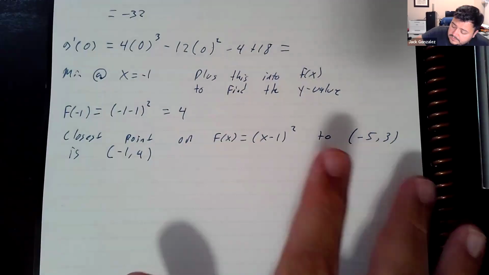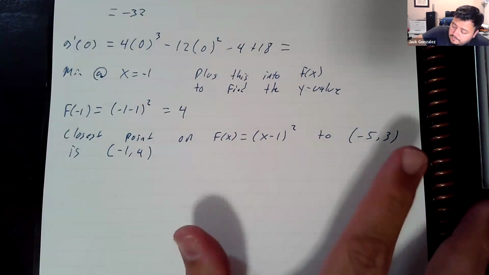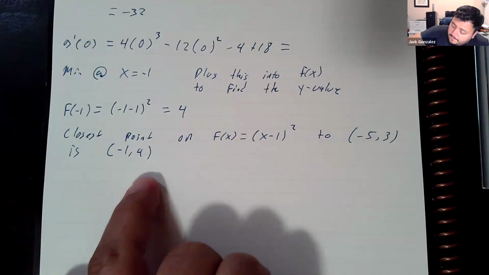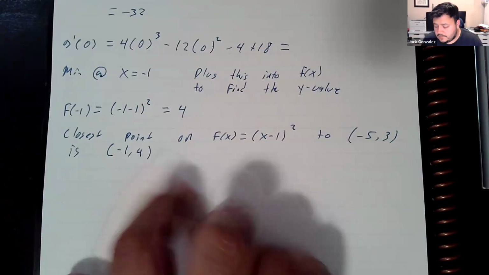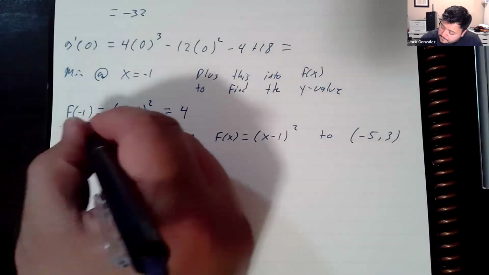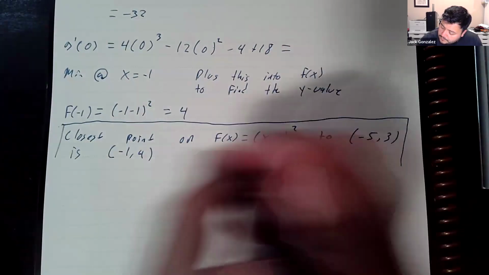So optimizing the distance formula told me the closest point on the curve to this point. Okay, that's what we did. So here's our conclusion and what we were trying to do.